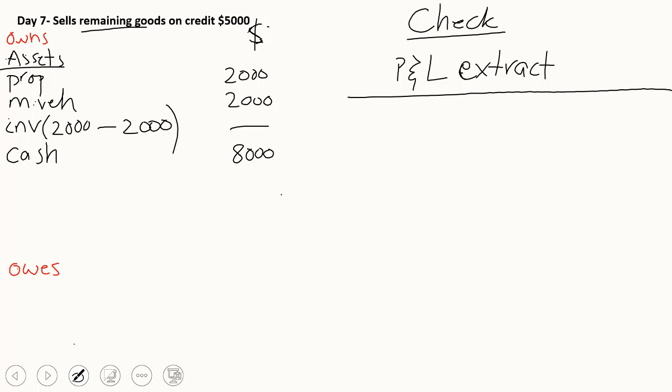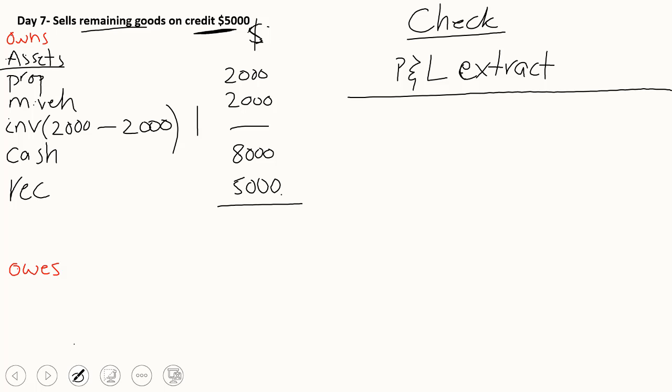But now there is a new current asset, and that is receivable. And how much is the receivable? It's 5,000, because 5,000 is the amount owed by the customer to business. So what amount is to be received in future is 5,000.